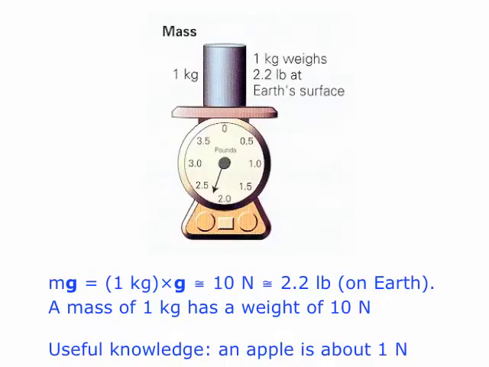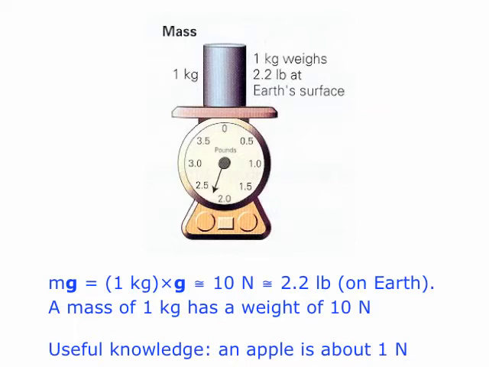If we put a 1 kilogram object on a scale that measures pounds on the surface of the Earth, it'll record 2.2 pounds. 1 kilogram weighs 2.2 pounds at the surface of the Earth. In an equation, that mass, 1 kilogram, times g, is equal to 2.2 pounds. That's our force.